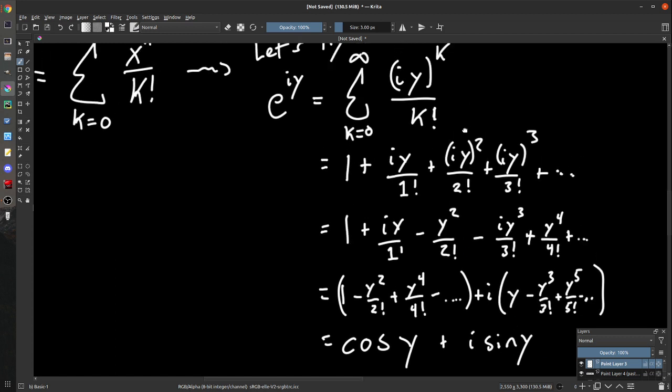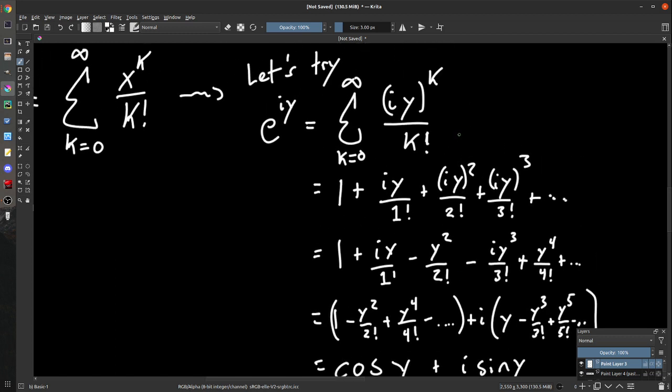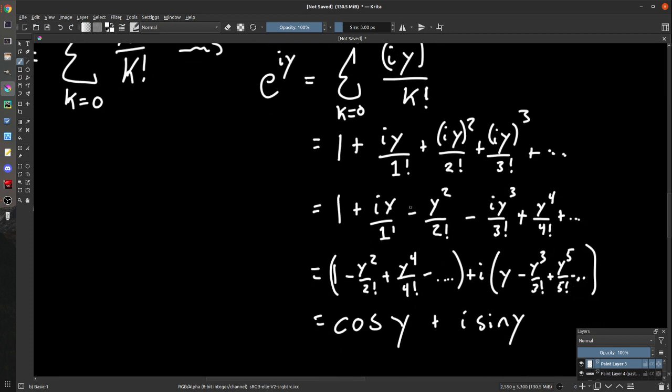That is, as long as convergence in C works sort of the way we want it to, as you might expect that it probably ends up being the case, then we should be able to do things like this and get out reasonable representations for things like e to the iy.